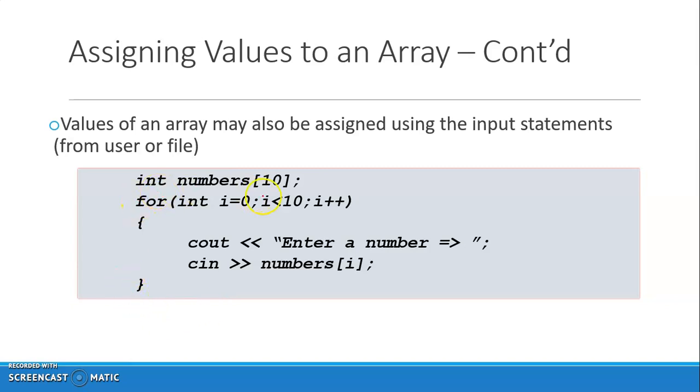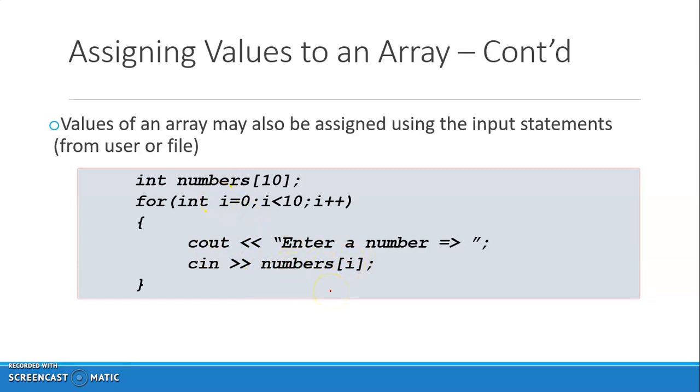So if we have an array maybe of 10 numbers and we want to assign values, we can ask a user to enter a number. We are going to ask a user 10 times to enter a number using this for loop, and we'll be getting that value and assigning that value to numbers on position 0.